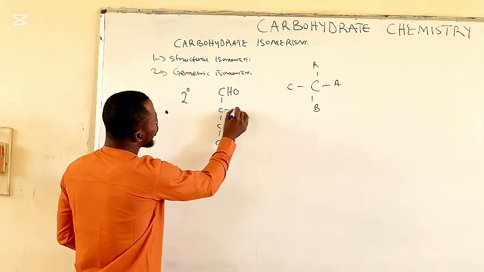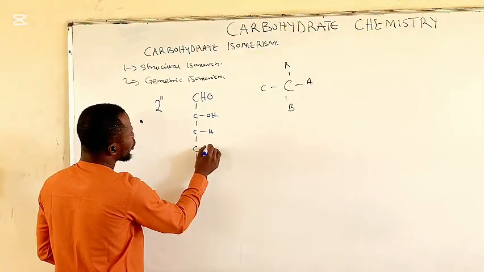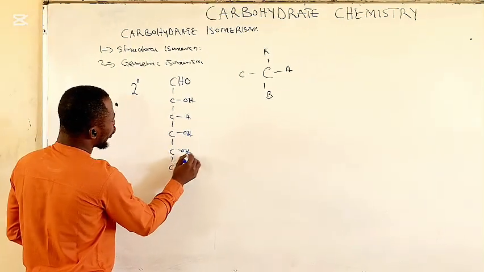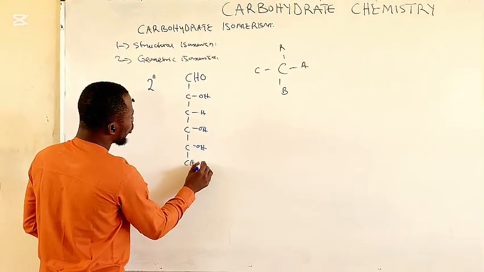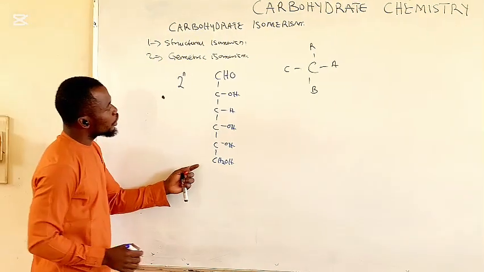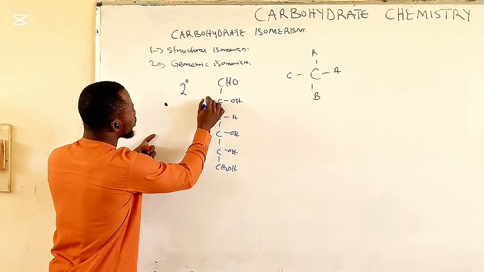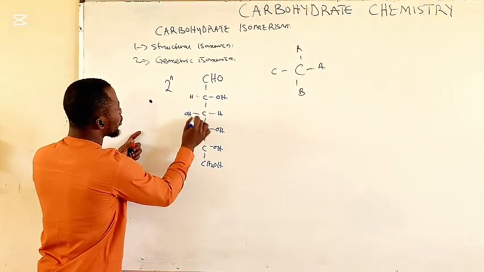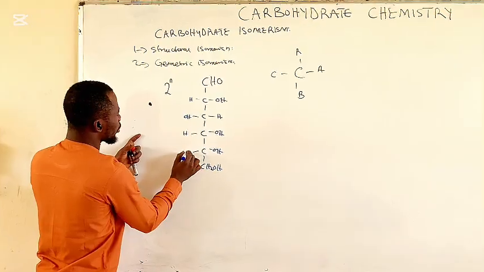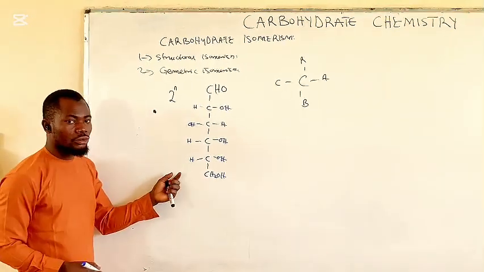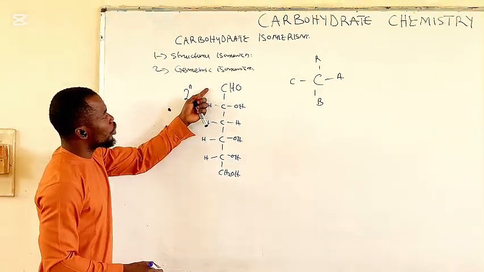So here we have OH, H, OH, OH and CH2OH. This is the structure of glucose.